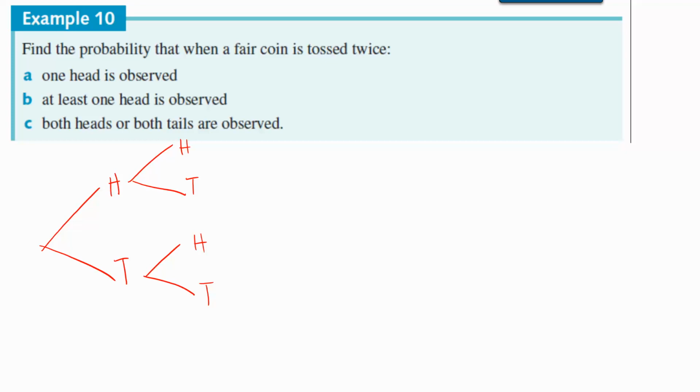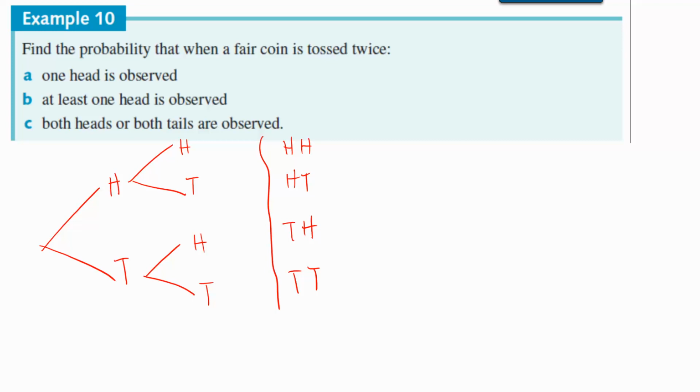Now, when it says one H is observed, let's put out our options here. I can have HH, HT, TH, and TT. Now, what's the chance of getting only one H out of this? I've got 4 options here. What's the chance of getting one H? 2 out of 4.